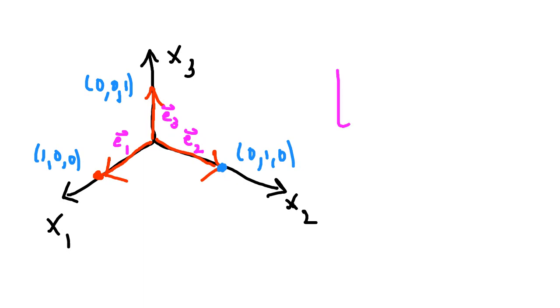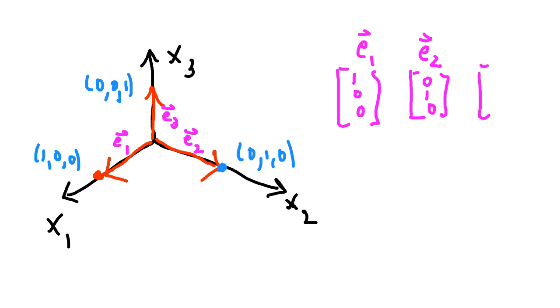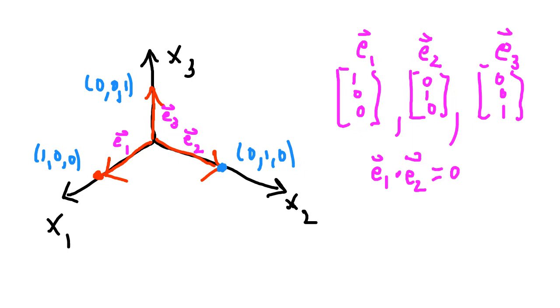Those vectors, E1, E2, and E3, are clearly orthogonal because the dot product of E1 and E2 clearly equals 0.